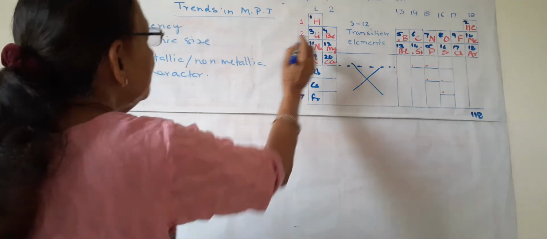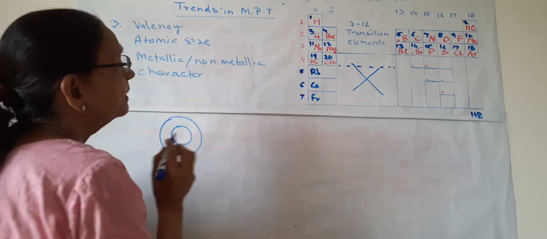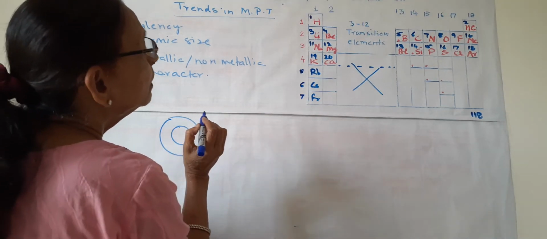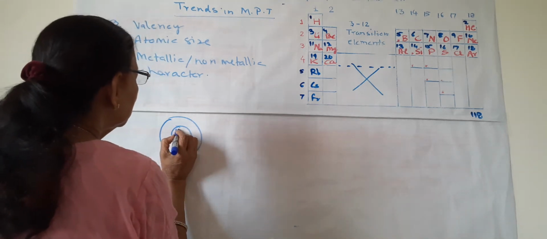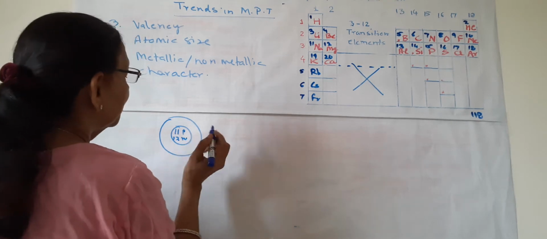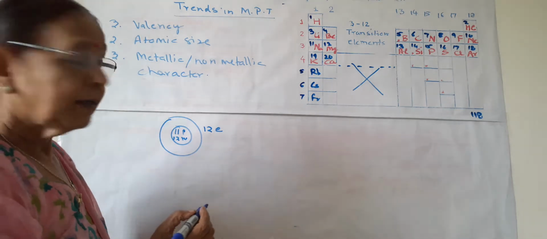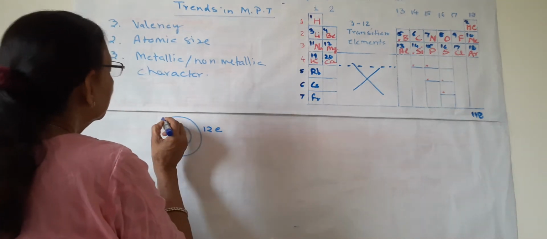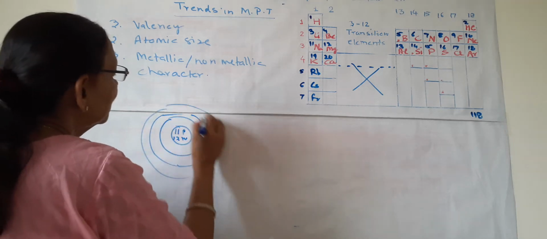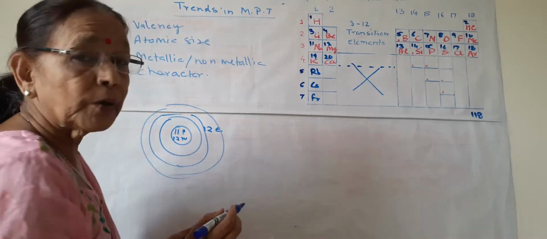Just see, in sodium, the atomic number is 11. So 11 protons are present, 12 neutrons are present and 11 electrons are present in three shells. So 1, 2, 3 shells are present.